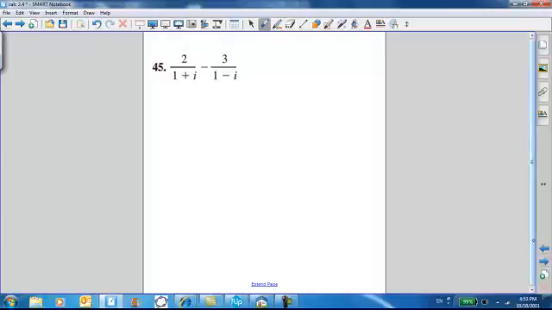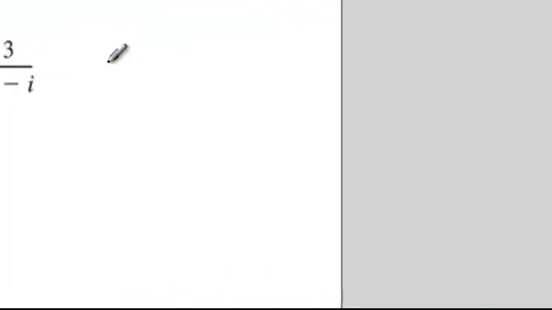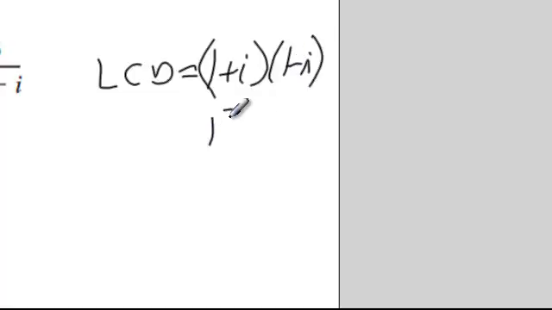Finally, adding up two fractions. So, kind of torn here, do we rationalize this first and get rid of the i in the denominator, or do we add the two fractions? Well, in this case, you do both in the same step, because you have a least common denominator of 1 plus i times 1 minus i, which works out to be 1 squared plus 1 squared, or 2.